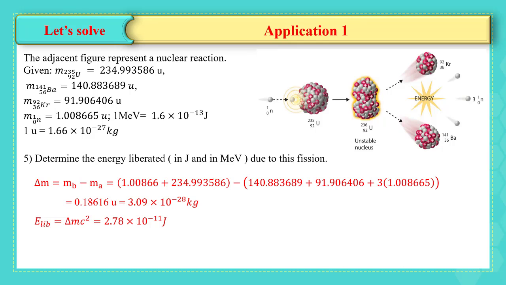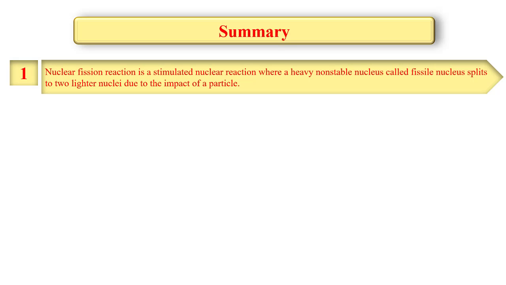We substitute the values and we get 2.78 times 10 power minus 11 joule. But we have to find this value in mega electron volt. So we divide it by 1.6 times 10 power minus 13 joule, and then we get 173.75 mega electron volt.